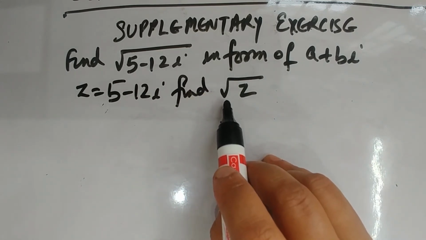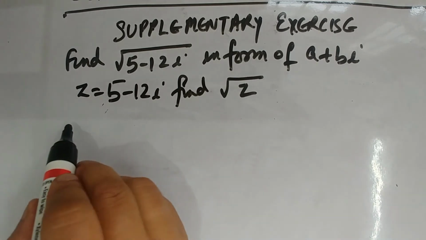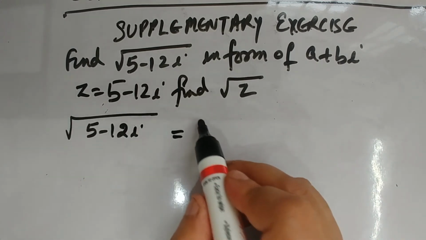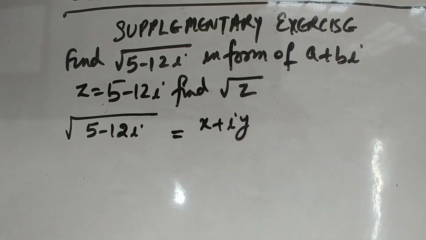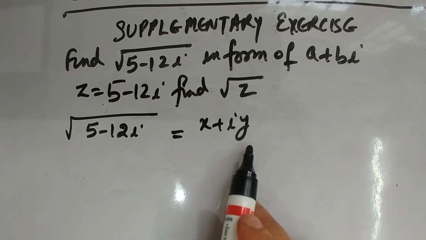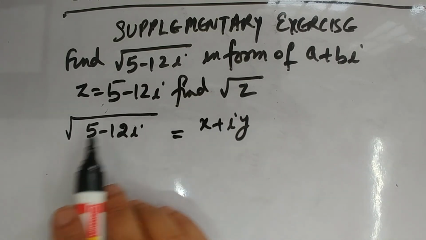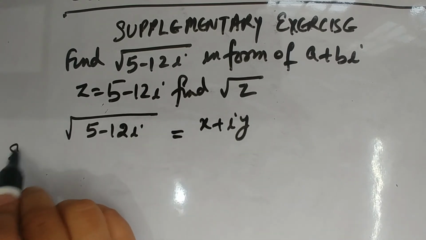Now how will we go? It's a very simple thing, nothing new in it. Let this be your complex number x plus iota y, and I'm going to search for the values of x and y using this. The very first thing is that the concept of square root always says to square both sides.